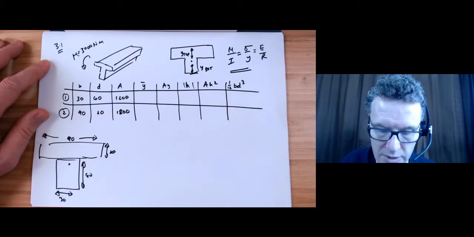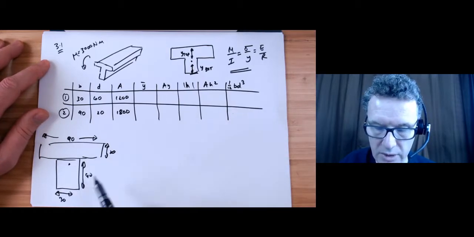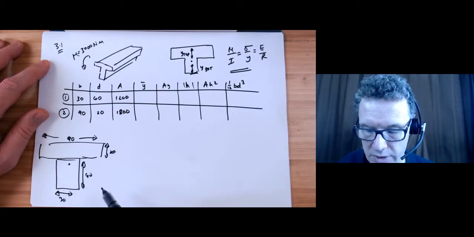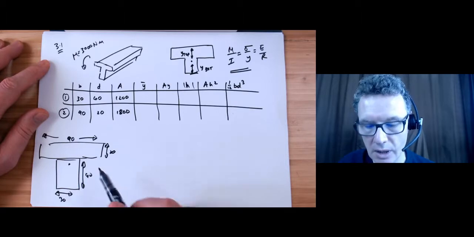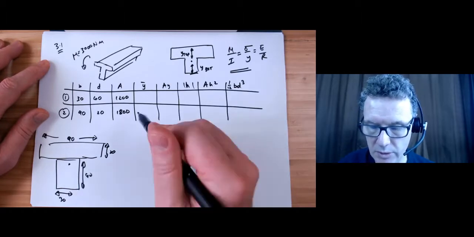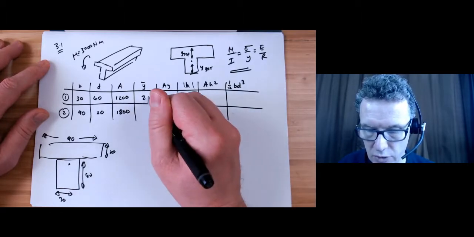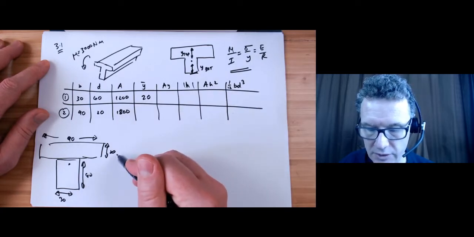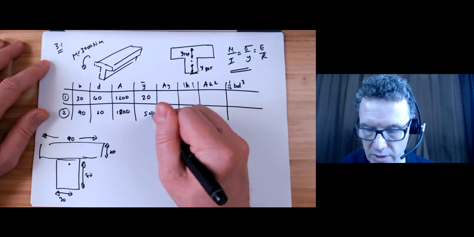So I'm expecting it to be probably around here. The centroid of this T-beam. So the bottom one is going to have 20 there. Here we've got 40 plus half of this distance, that's 50.